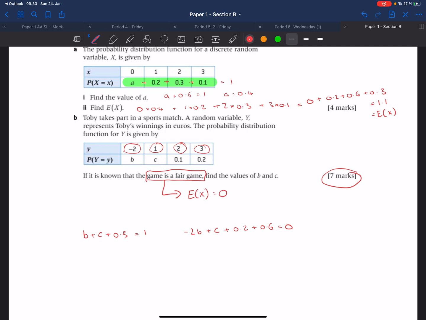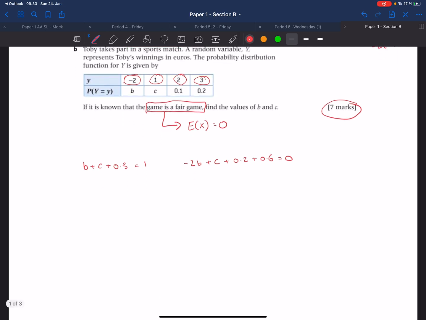So I've got a problem involving simultaneous equations here. The first thing I'm going to do is tidy this up so I have all my letters on one side and my numbers on the other. So b plus c equals 0.7 and minus 2b plus c equals minus 0.8.